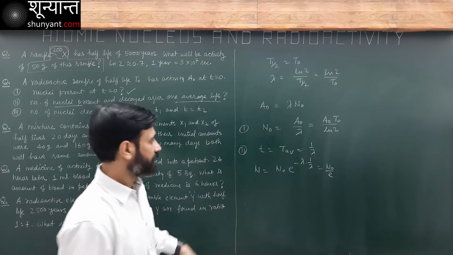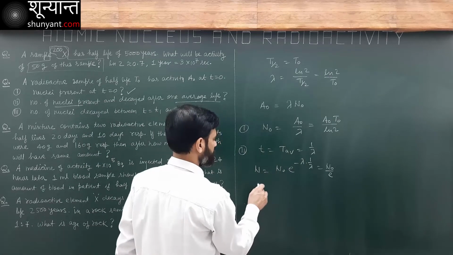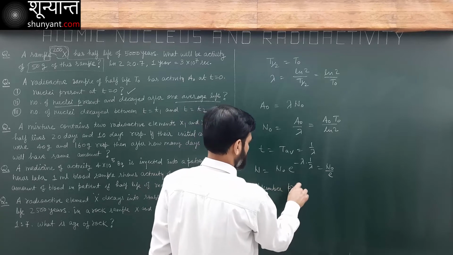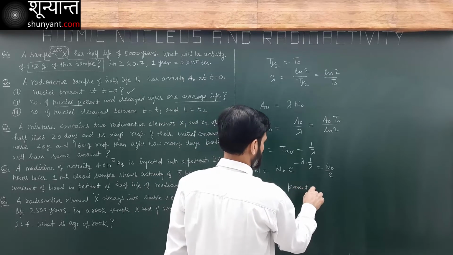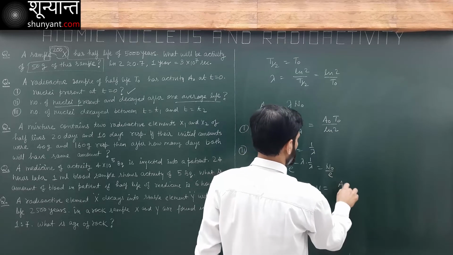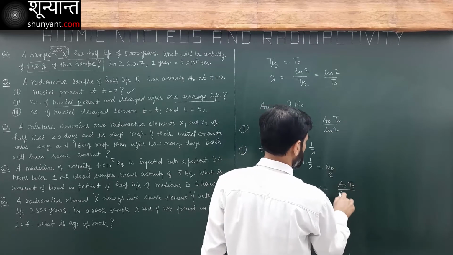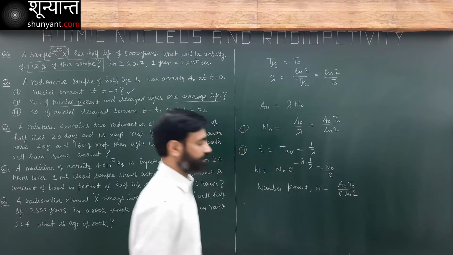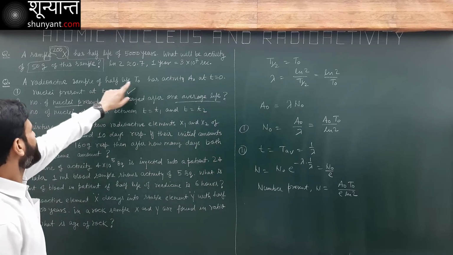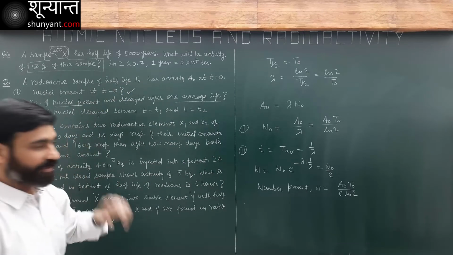This is the number present. So N is equal to A naught t naught over e ln2, because only A naught and t naught are given. N naught is not given.